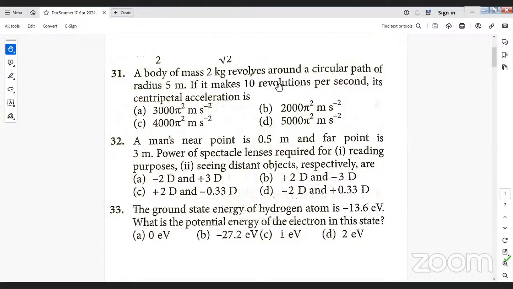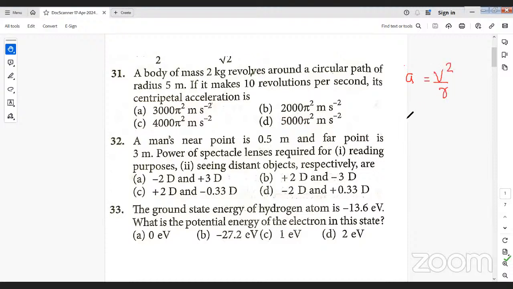If it makes 10 revolutions per second, its centripetal acceleration is. So the centripetal acceleration is given by, students, as you know, v square divided by r.